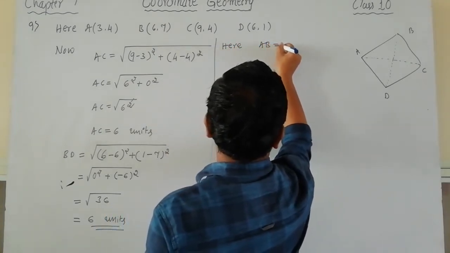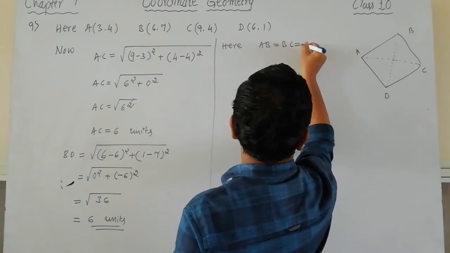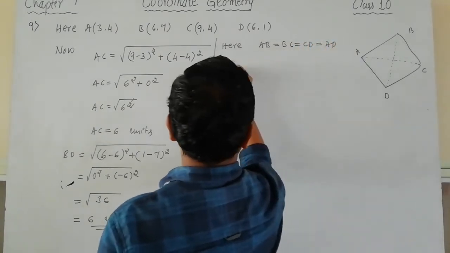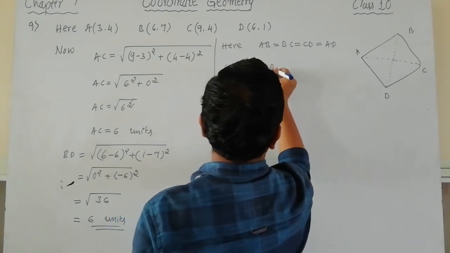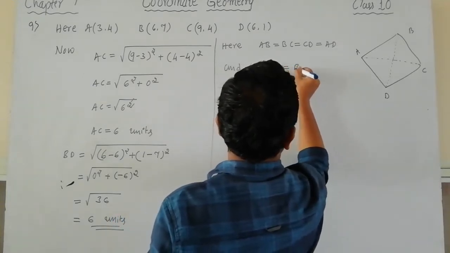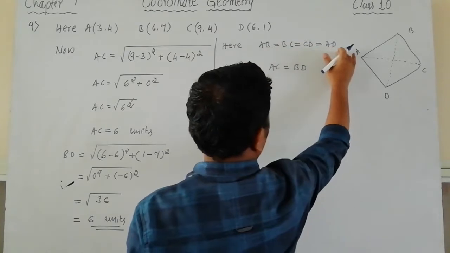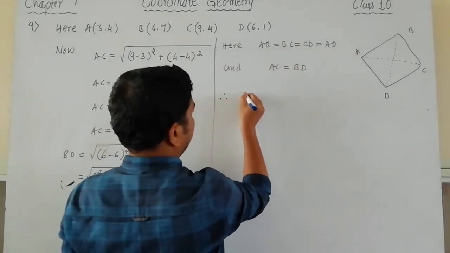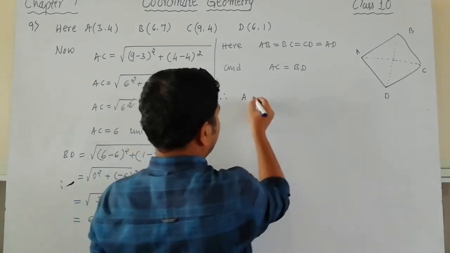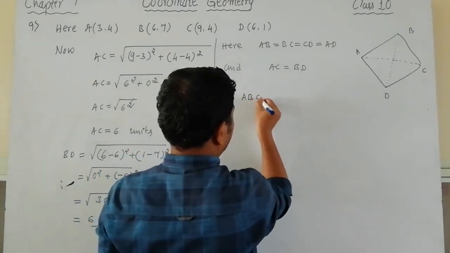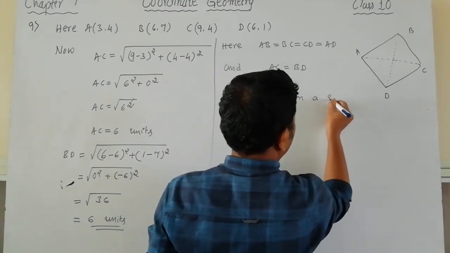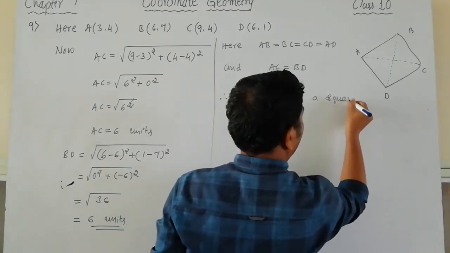AB is equal to BC is equal to CD is equal to AD, and AC is equal to BD. Okay, so first one is actually what? All the sides are equal and diagonals are equal. So therefore now you can give your justification. So therefore ABCD forms a square. Okay, forms a square.